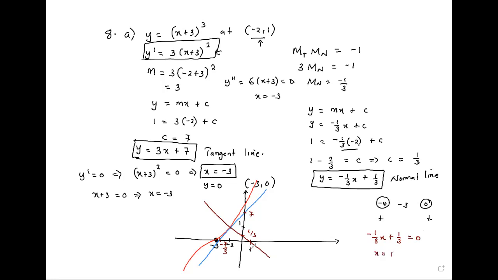So it's crossing at 1. That's how you sketch the tangent and the normal. So the normal and the tangent make a plus at the meeting point.